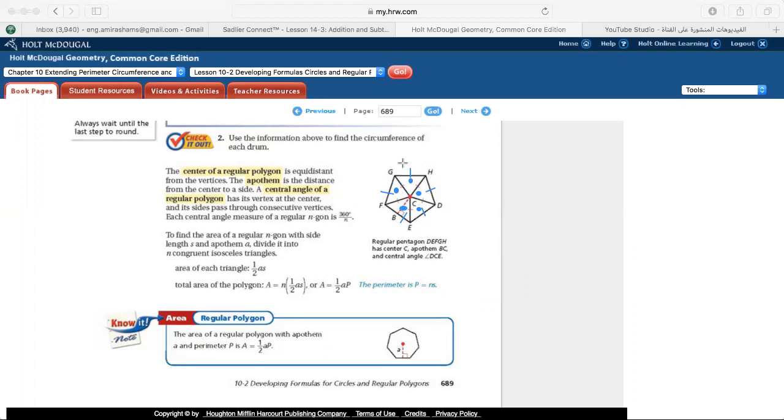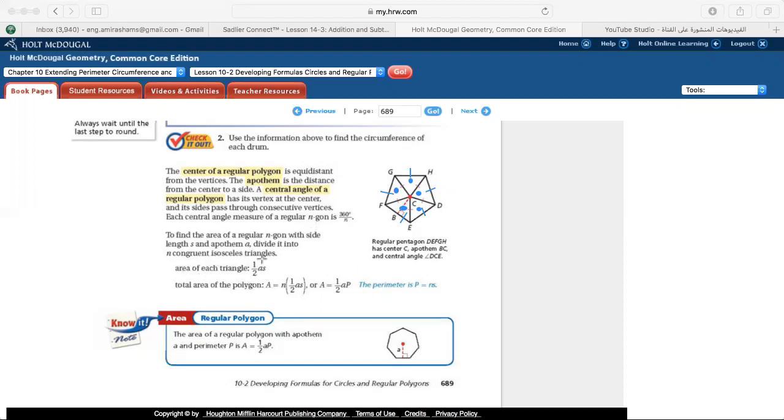For example, this polygon is divided into 5 congruent isosceles triangles. So if I get the area of one triangle, I can multiply it by the number of triangles the polygon is divided into, and then I will get the area of the whole polygon, like here.